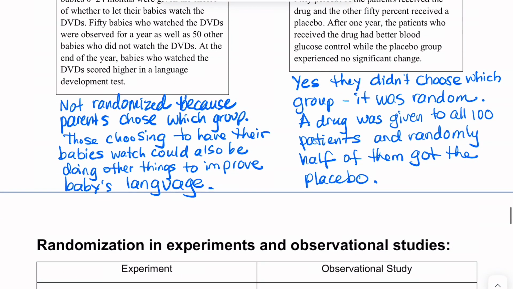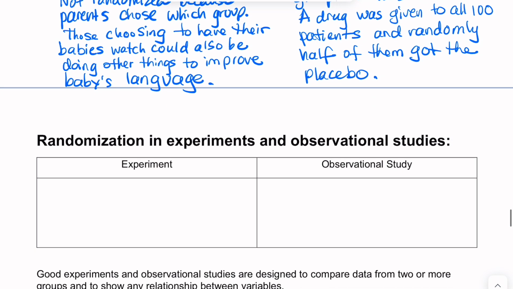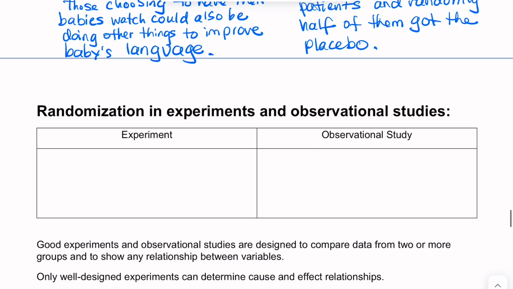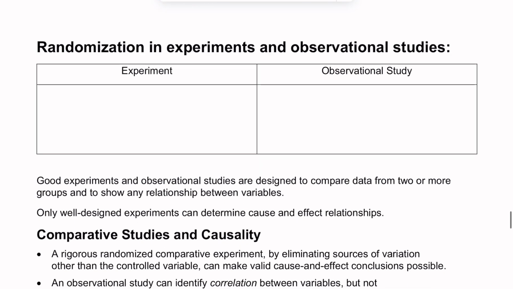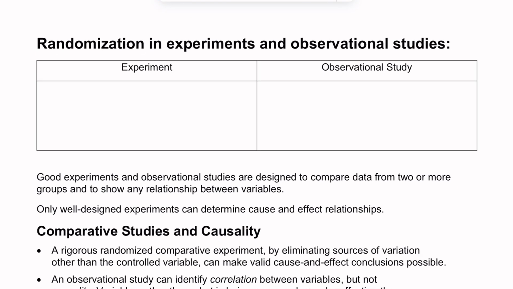Okay, let's take a look at randomization in experiments and observational studies. Okay, so when you have randomization in an experiment, individuals are assigned at random to the treatment group or the control group.